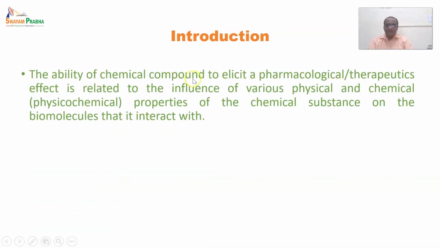The ability of a chemical compound to elicit a pharmacological or therapeutic effect is related to the influence of various physical and chemical properties of the chemical substance on the biomolecules that it interacts with. So here a chemical substance means a drug.